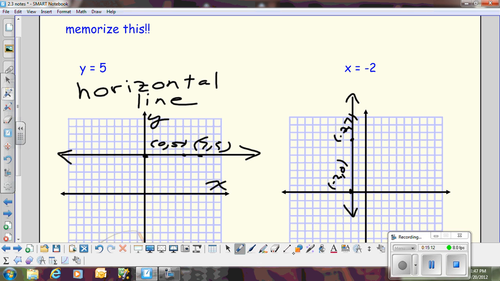Does this line have a y-intercept? No, it does not have a y-intercept. So anytime you see an equation that says x equals a number, it's a vertical line, and it's all the points where x equals -2, y can be anything.